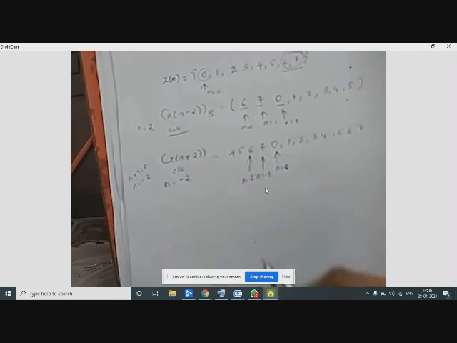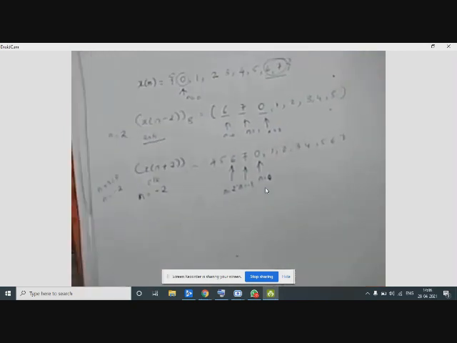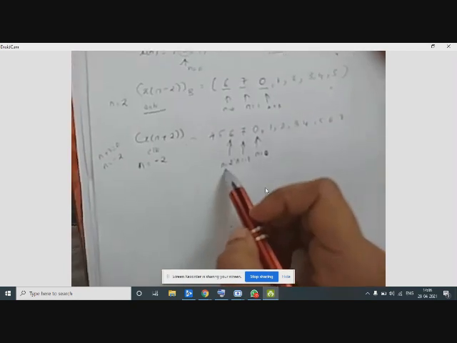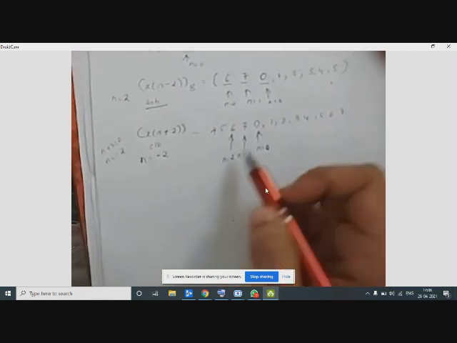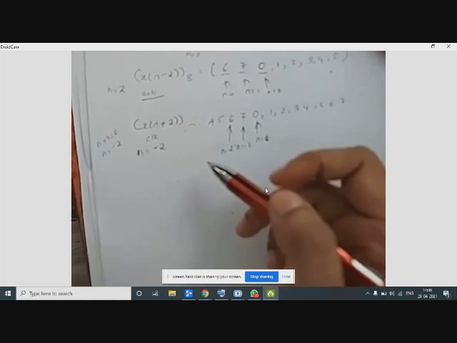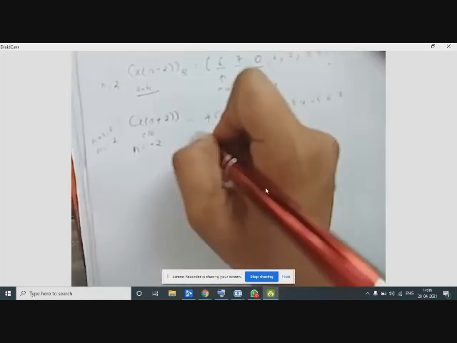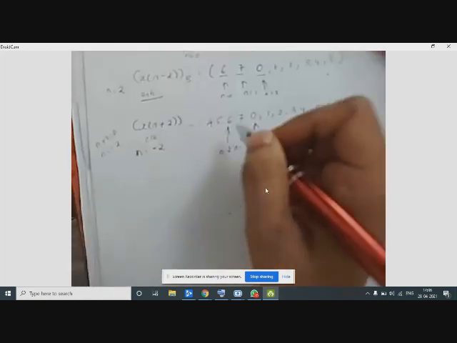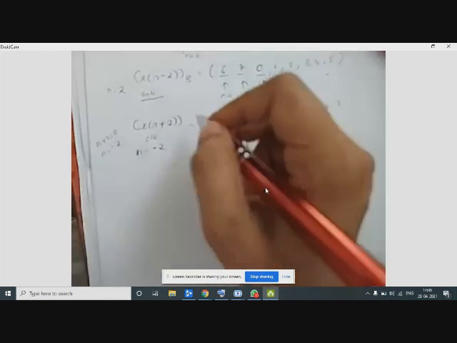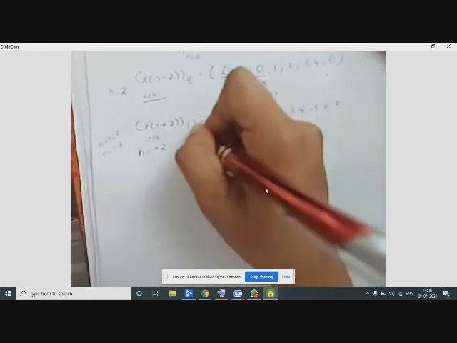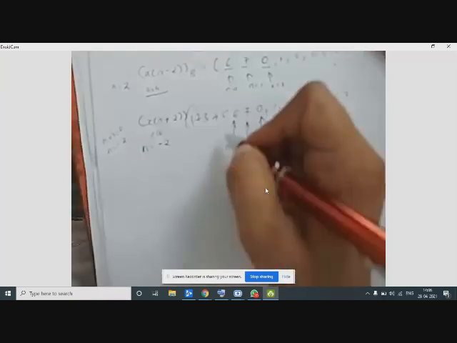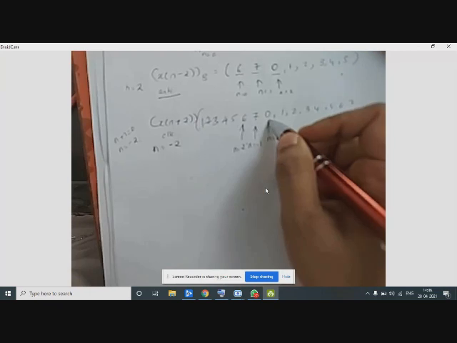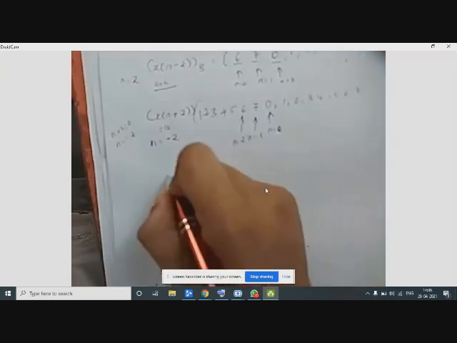So what is the meaning of this? At n equal to minus 2, you should have the value which is there at n equal to 0. That means you're going to shift this side. Here you have 4, 5, 3, 2, 1, and so on. So at n equal to 0, you have this at this position.